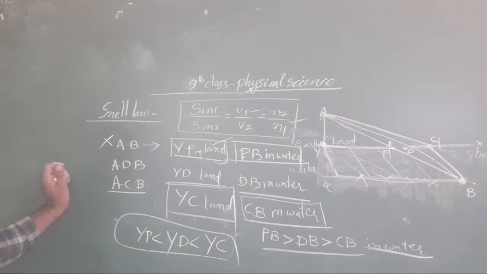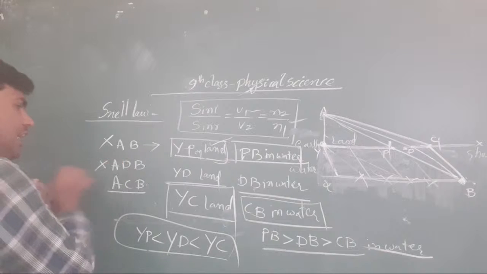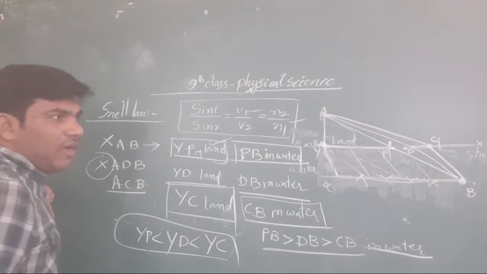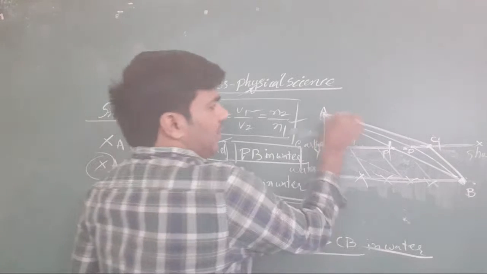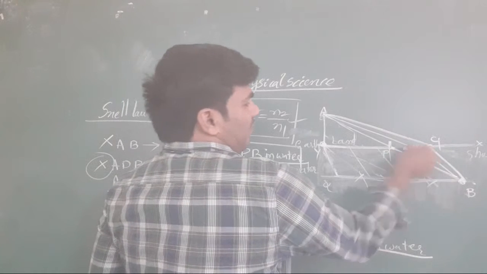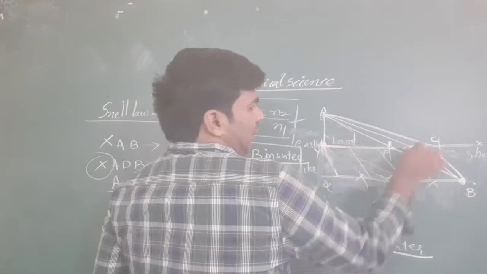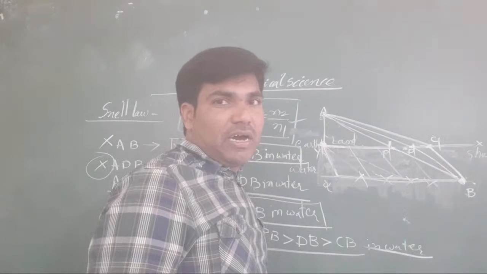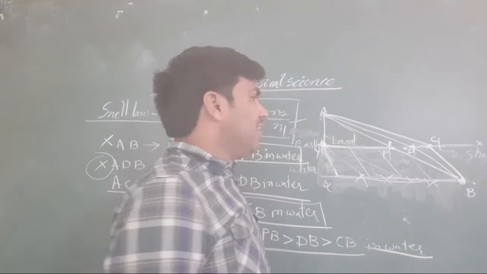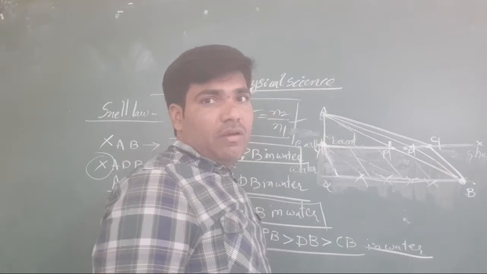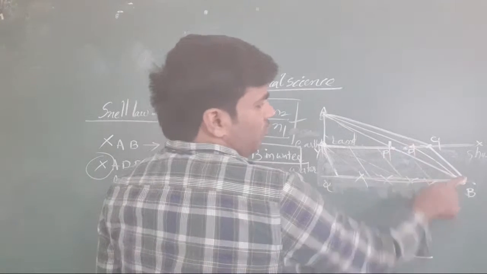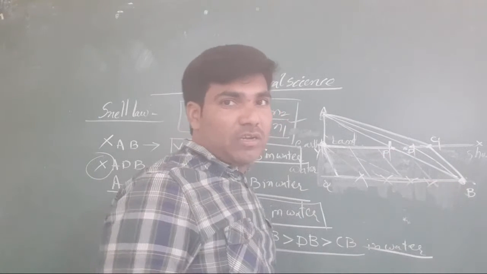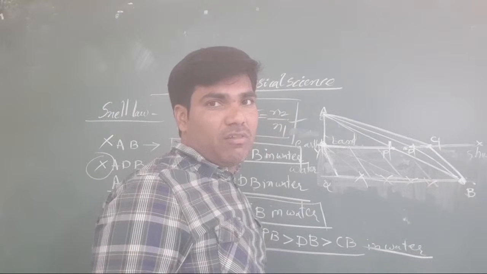Then which path? Check it here, ADB. In the ADB, whatever we traveled from Y to D is somewhat less than Y to C, but it will travel D to B more in the water. Clear or not, all the students?